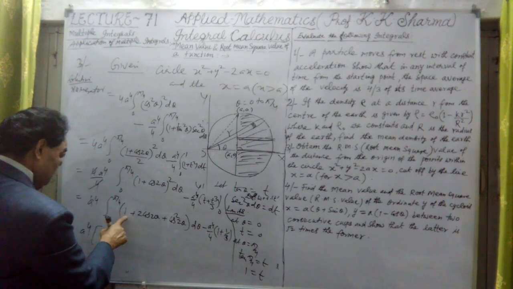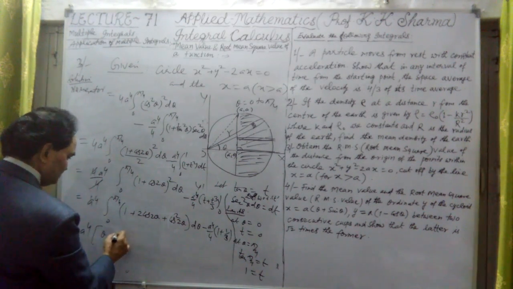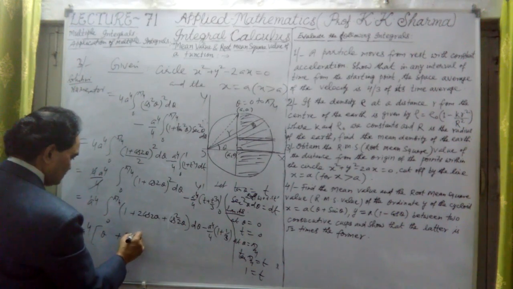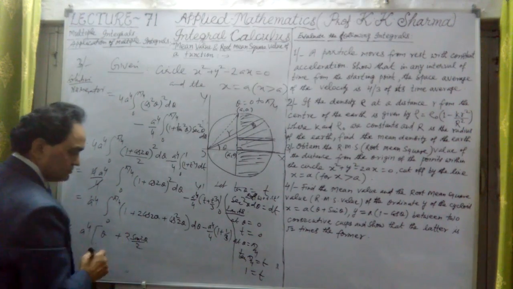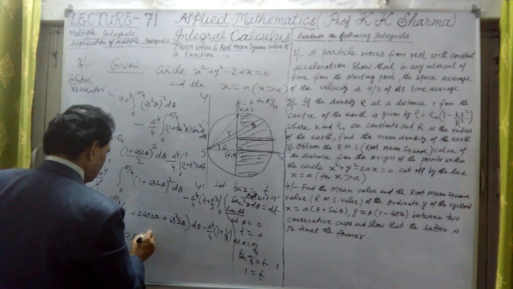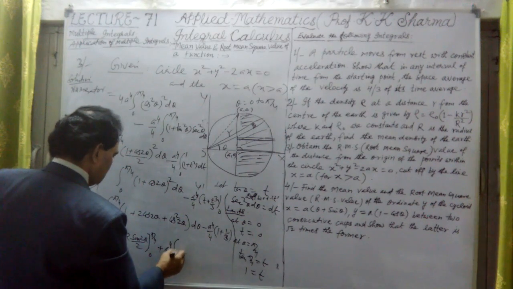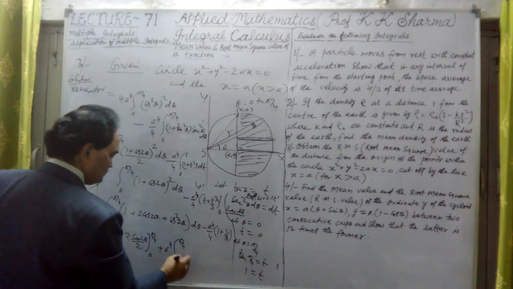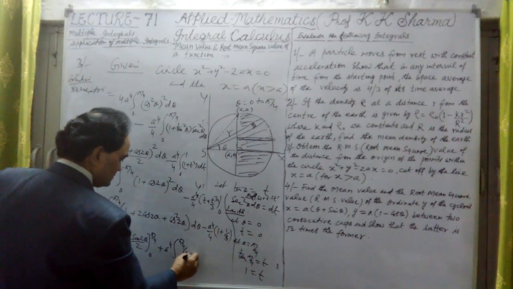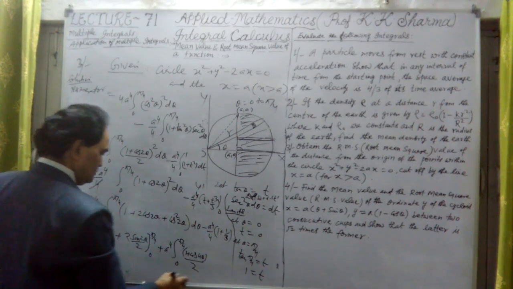This is integration of 1, theta, plus 2 sine 2 theta upon 2, the integration of 2 cos 2 theta. Now here limits are 0 to pi by 4. Plus this second part, a^4, 0 to pi by 4, cos square 2 theta means (1 plus cos 4 theta) upon 2, d theta.